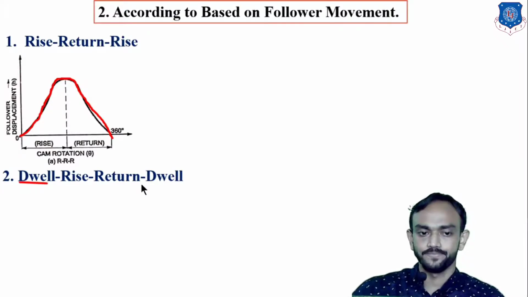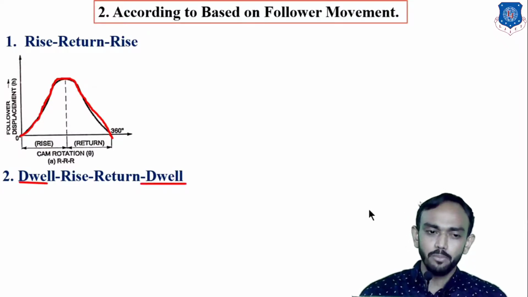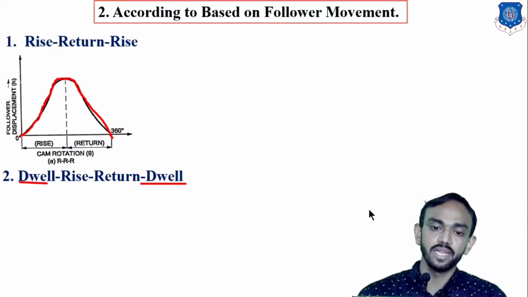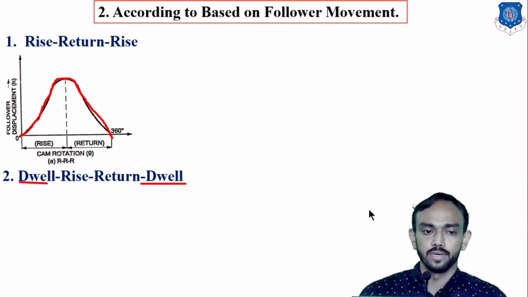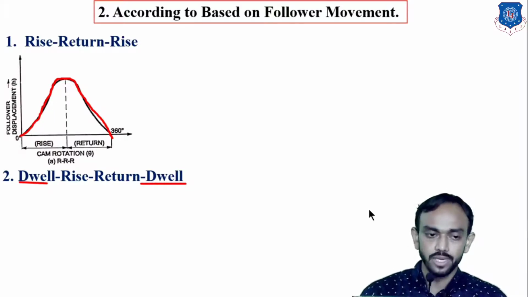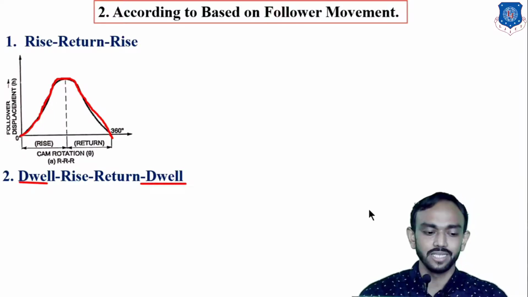What is dwell? Dwell is the period for which the cam is rotating but the follower is in a steady condition. The follower is not moving upward or downward with respect to rotation of the cam. This condition is known as a dwell.